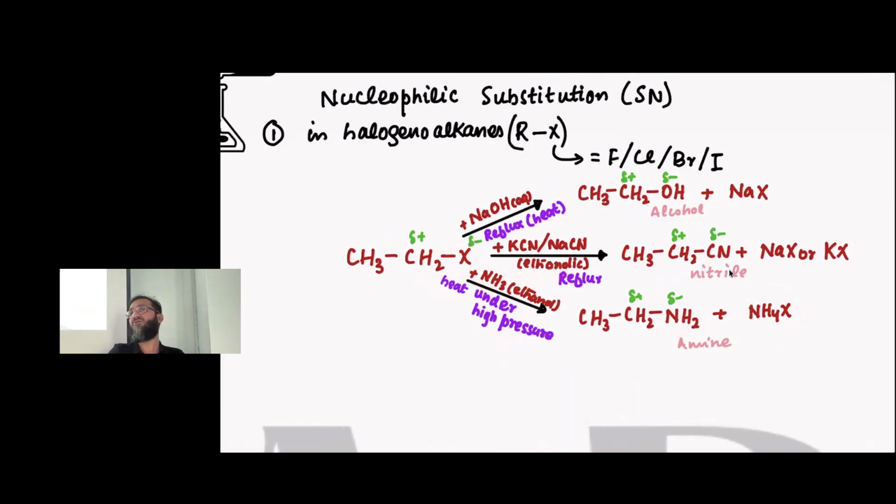Now here is my one question. Which kind of reaction is this? Nucleophilic substitution. Okay. Only here we are using water, but why are we not using water as a solvent over here? We are using water over here as a solvent, right?